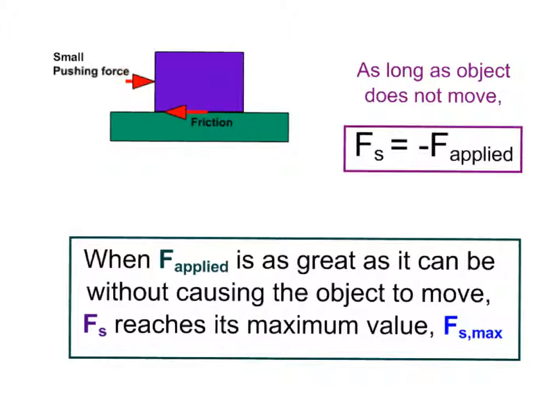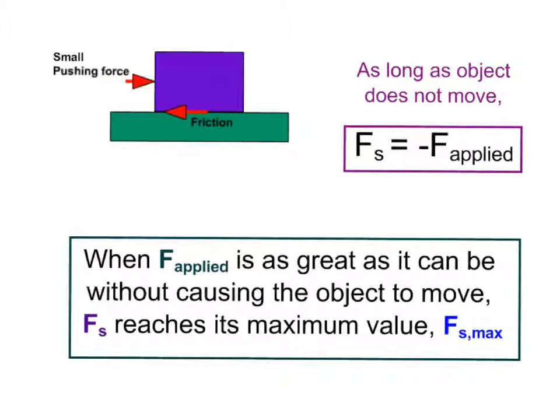Indeed, these would be equal and opposite in direction as long as the object does not move. So if we apply this small force and the object does not move, our force of static friction will be equal in magnitude and opposite in direction.